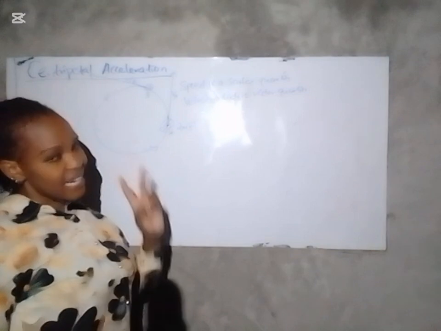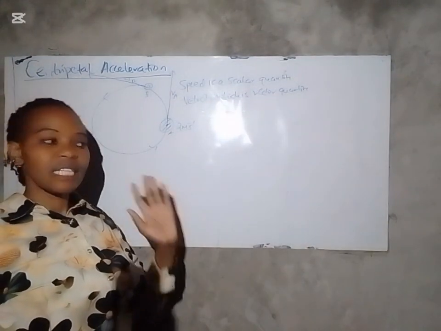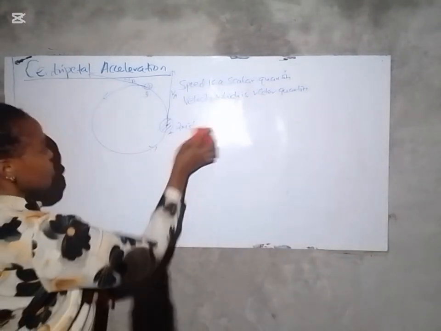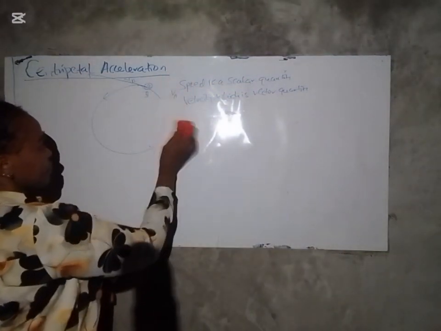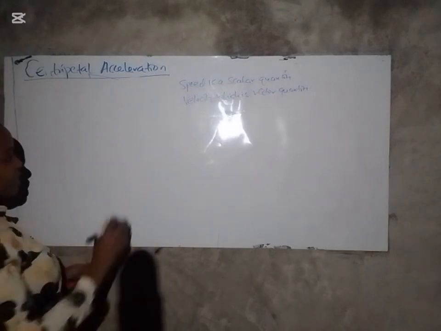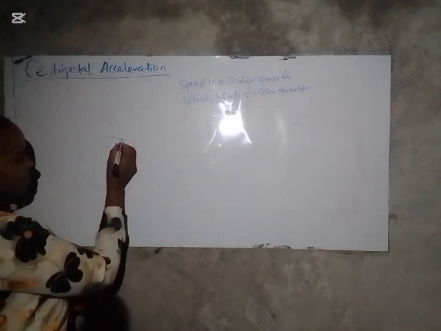Because they are different, those are two different velocities. Let me draw this diagram. There's a circular path.